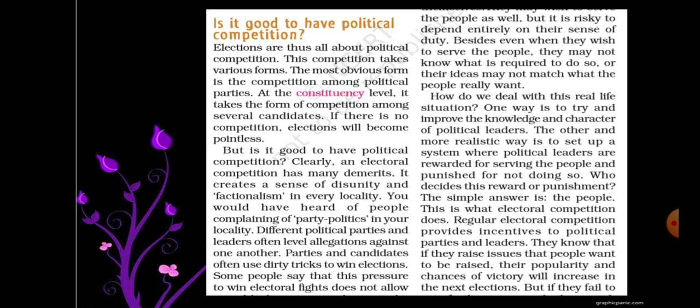I repeat, in our country, we follow an area based system of representation. The country is divided into different areas for the purposes of elections. These areas are called electoral constituencies. The voters who live in an area elect one representative.